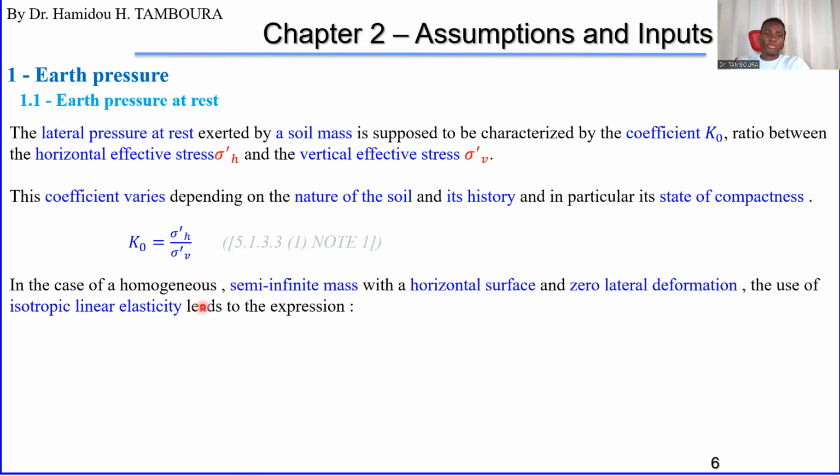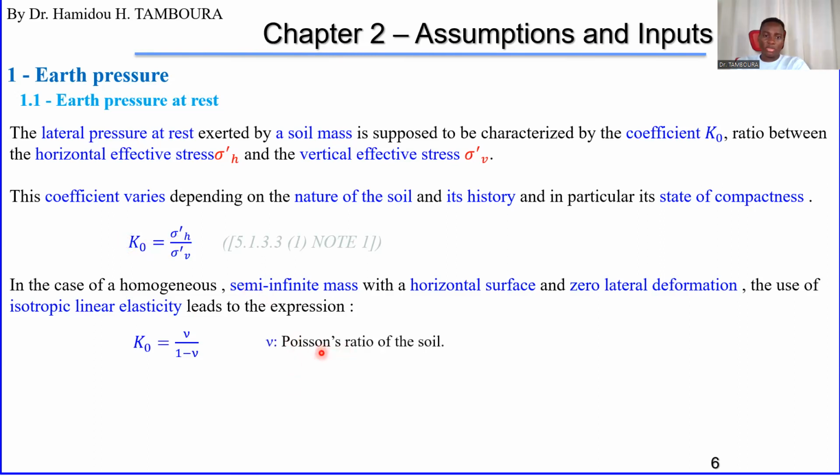In the case of uniform soil, homogeneous soil, semi-infinite massive of soil, and horizontal surface, and no lateral deformation, in that case, we can use this formula to estimate K0.